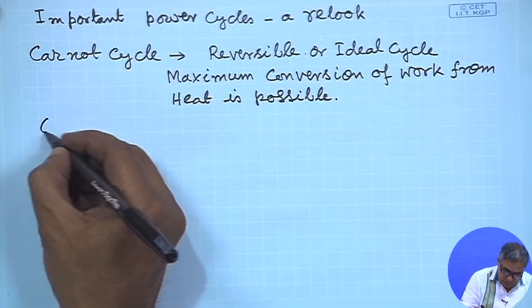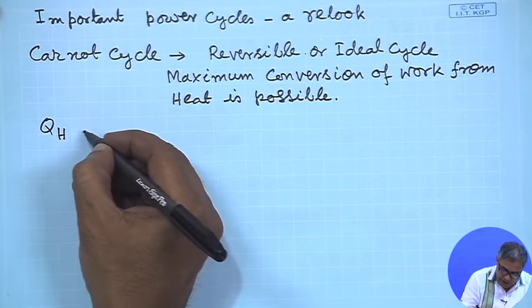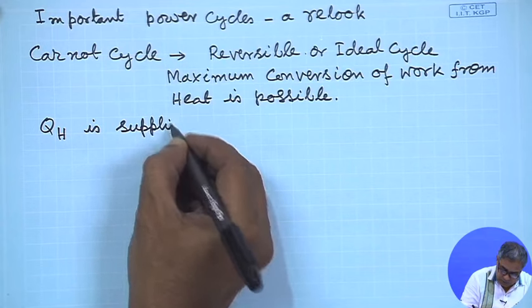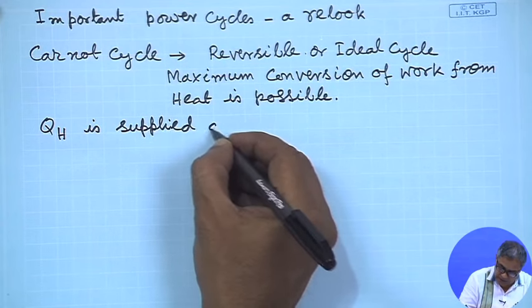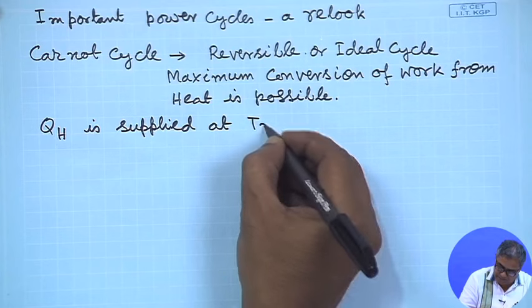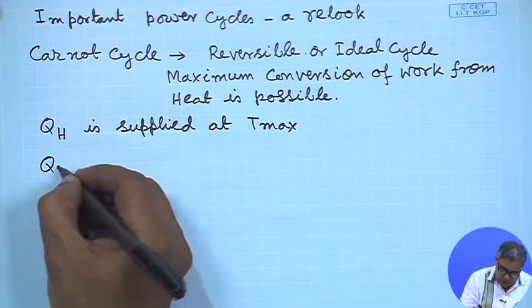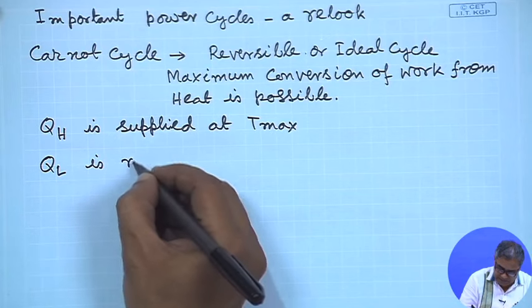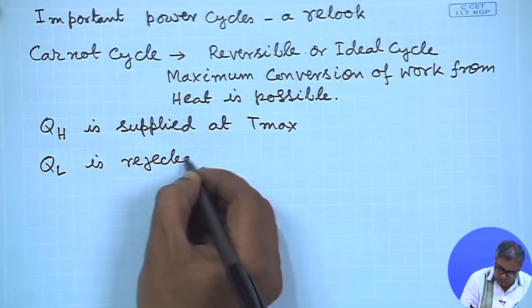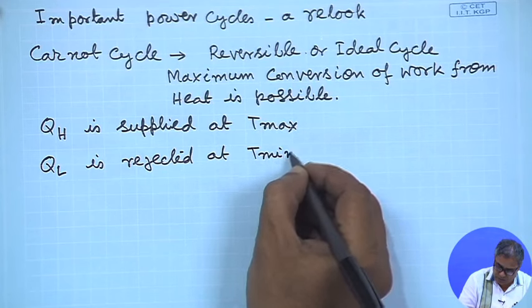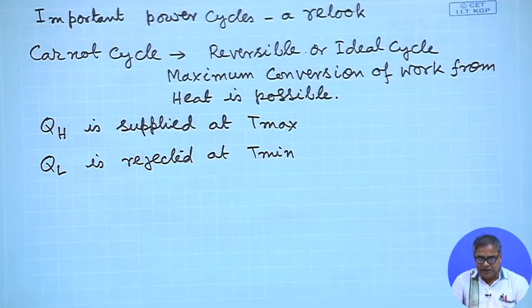So, if I write, QH is supplied at T max and QL is rejected at T min. So, the heat which has to be rejected is also rejected at the minimum cycle temperature.